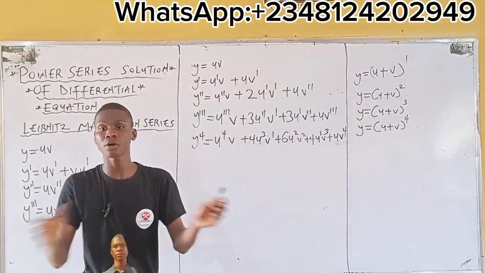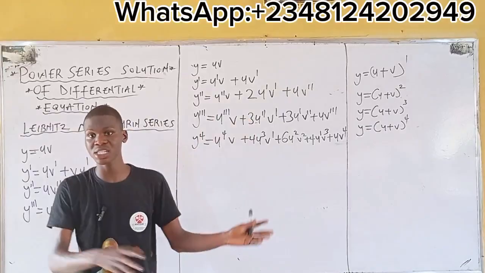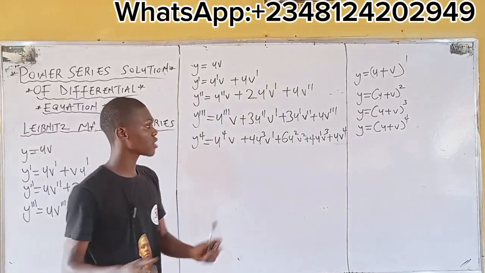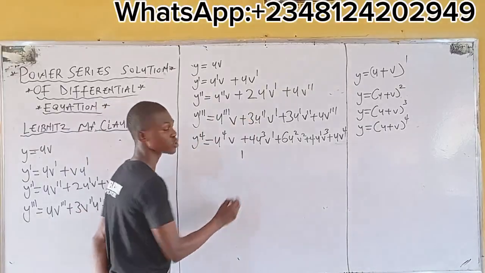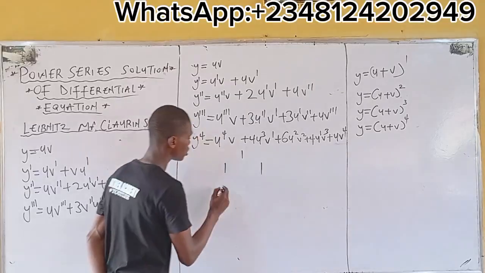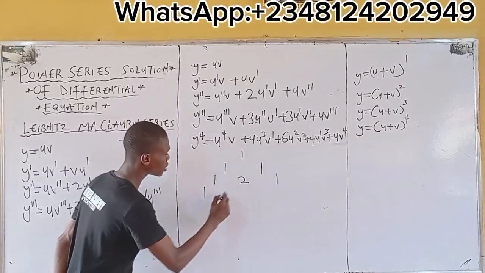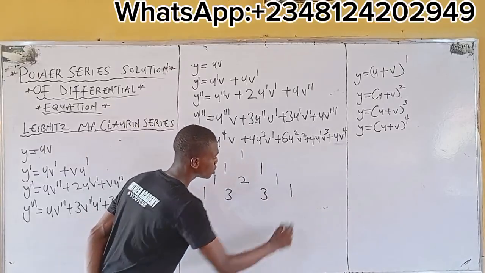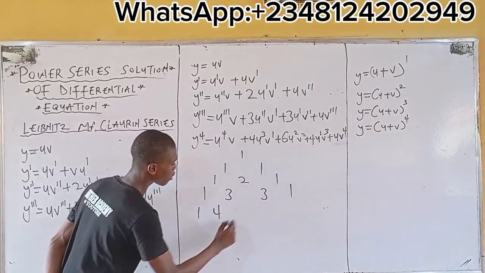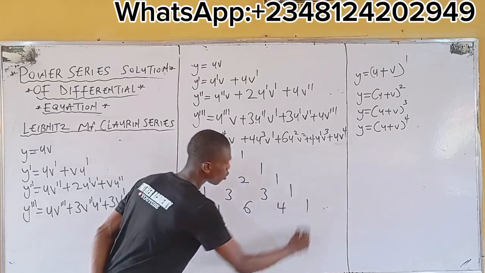How do you get a coefficient from Pascal's triangle? From Pascal's triangle, I have this: 1, 1, 1, 1, 2, 1, right? 1, 3, 3, 1, 1, 4, 6, 4, 1, right?